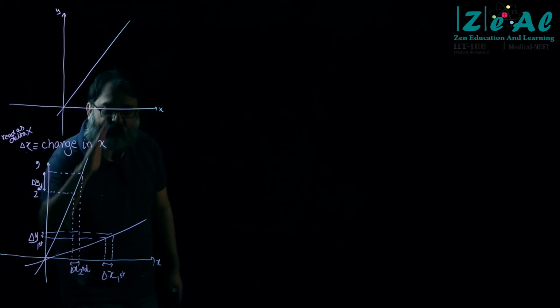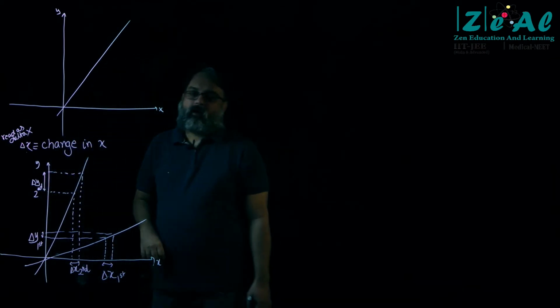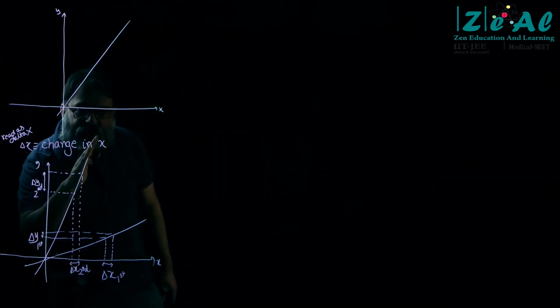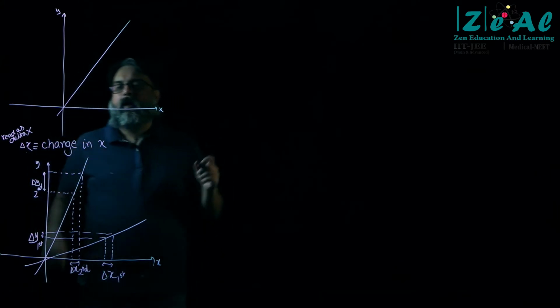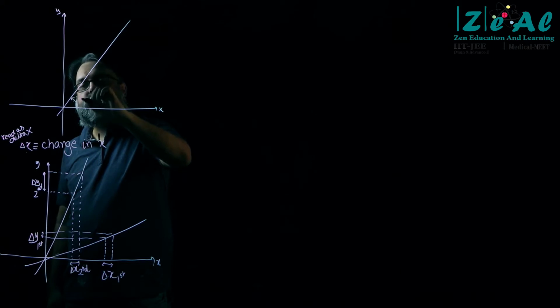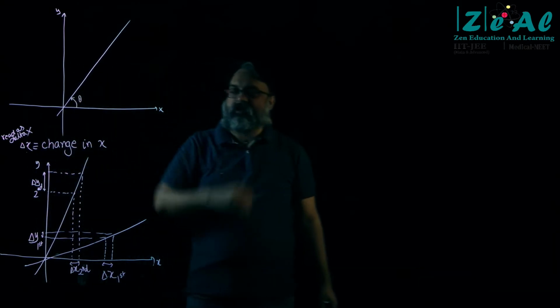For this graph delta y will be large for the same delta x. Therefore, we say that the slope of this graph is large and the slope of this graph is small. And a very nice way of measuring the slope is to measure the angle made by the straight line with the positive x-axis, right?